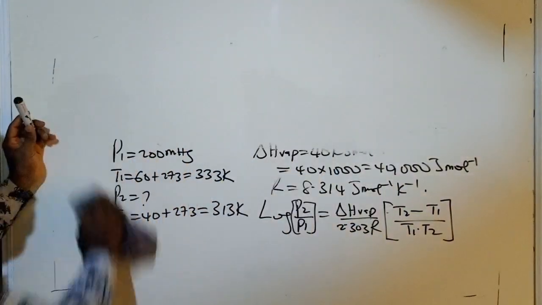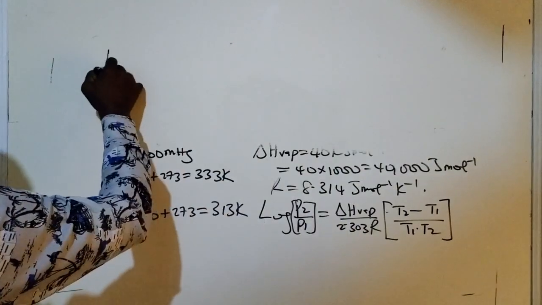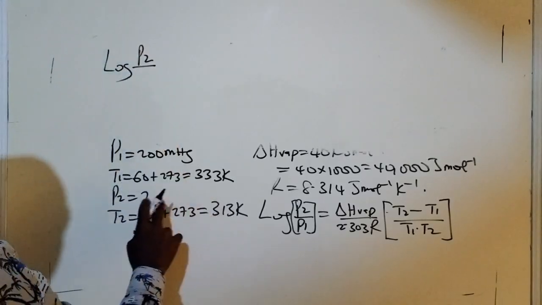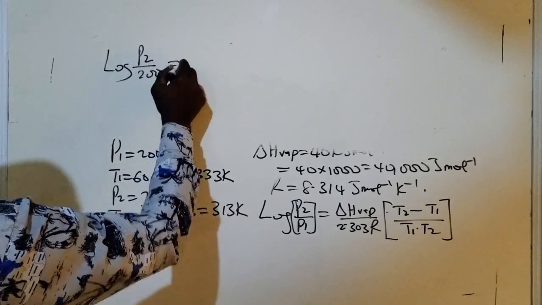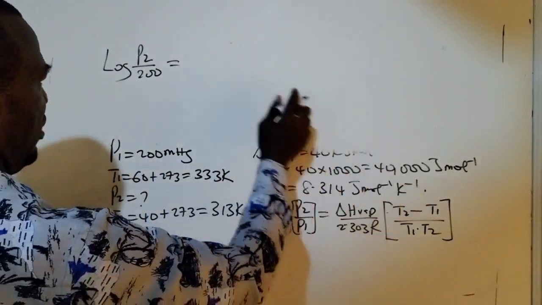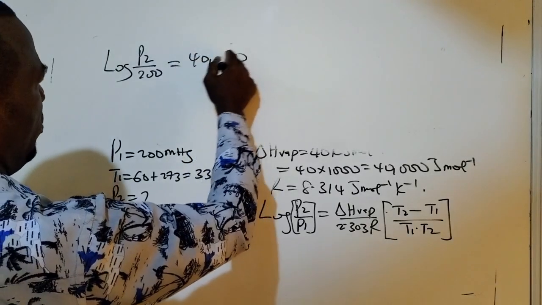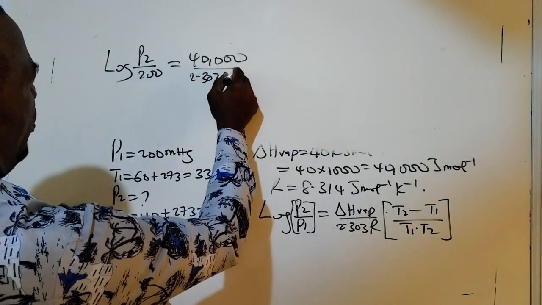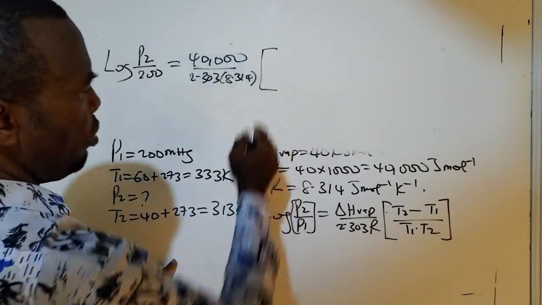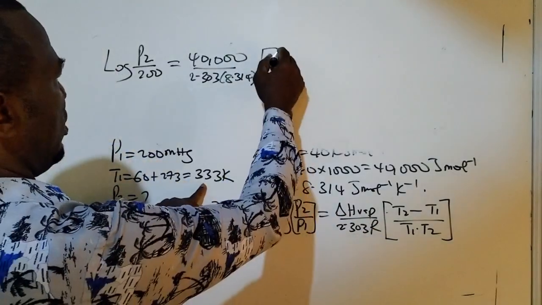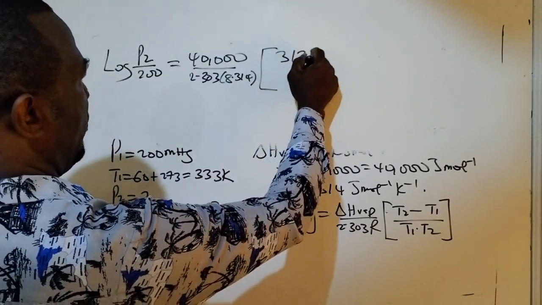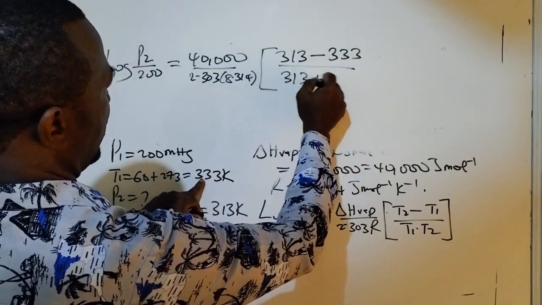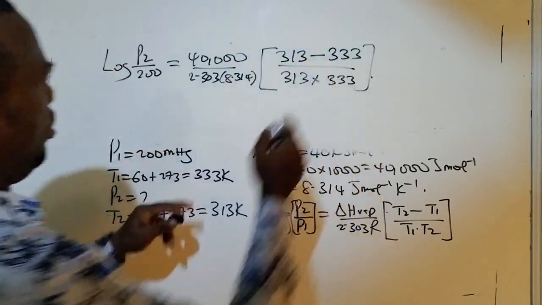So we'll move up: log P2, the value of your P2 is what you're looking for, unknown, over P1, P1 is 200, equals 40,000 in the standard value, in joule per mole, all over 2.303 times 8.314 for the gas constant, into T2, which is 313 minus T1, 333, all over 313 times 333. So we'll move to solve.